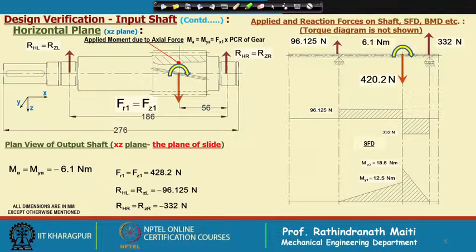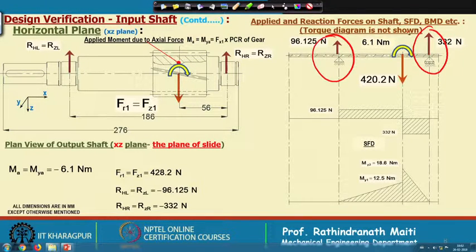Okay. So, ultimately, this means that this was reduced by the couple force and this is increased by the couple force, but here at least directions are not confusing like the output shaft. Okay.